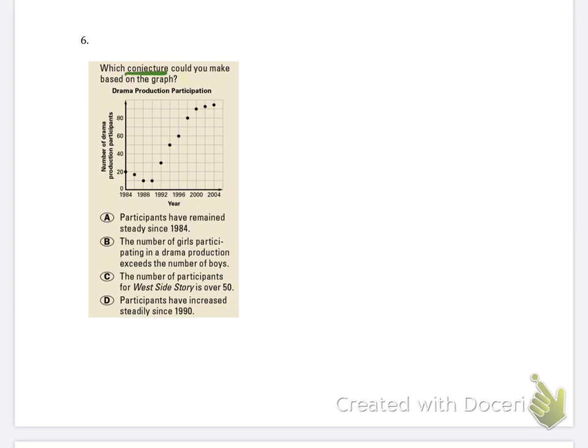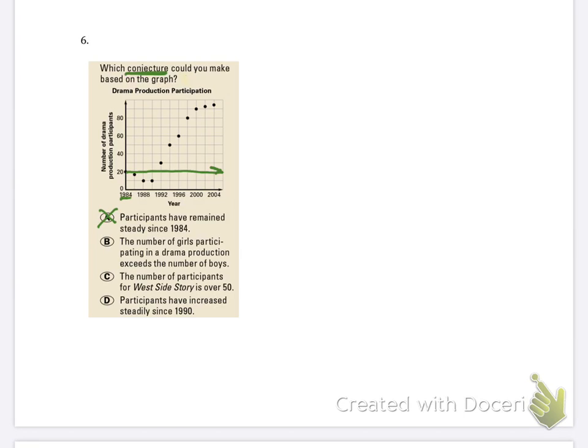Okay, so let's read the first one. Could you say, based on looking at that graph, that participants have remained steady since 1984? Well, here's 84. If they were steady, then I would have a straight line like this. I do not have that straight line, so therefore I'm going to say that that's not true.